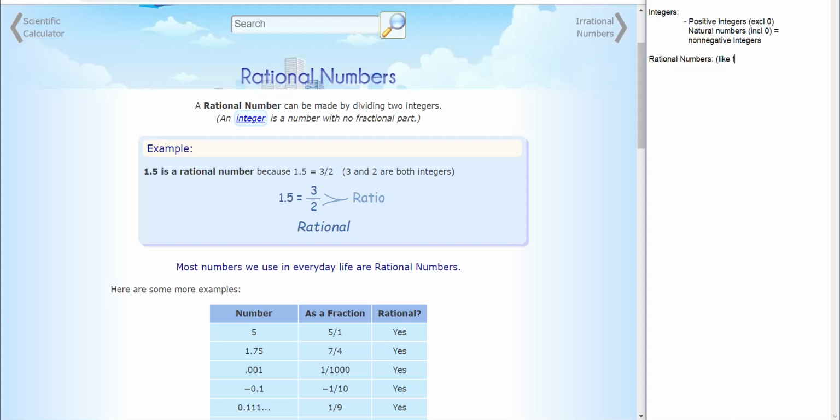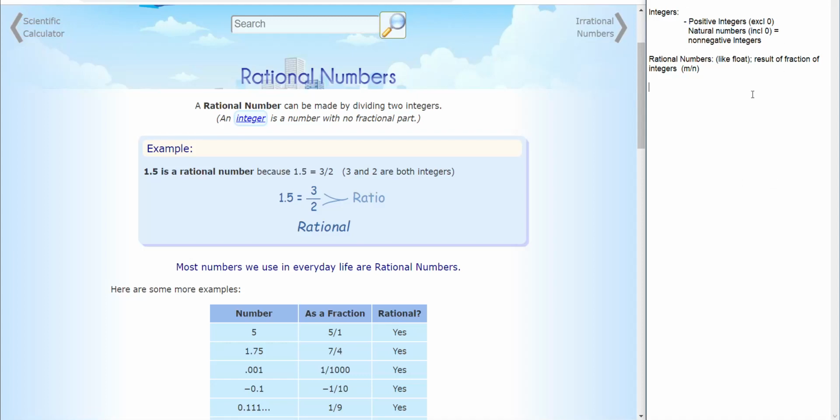Like integers, like floats, the result of a fraction of integers. There you go. So we have m over n. That's the fraction form. So we can have this here.